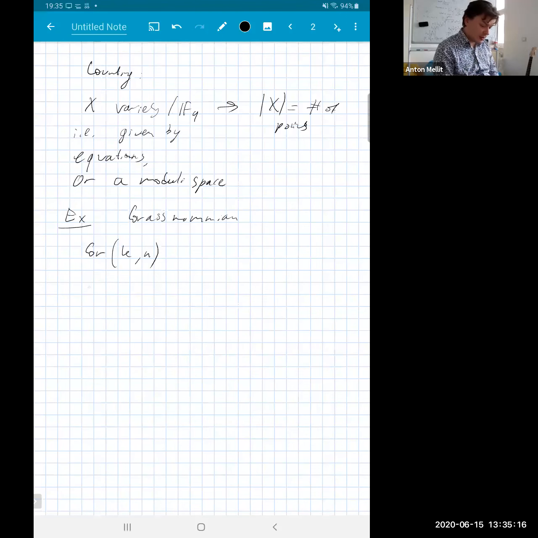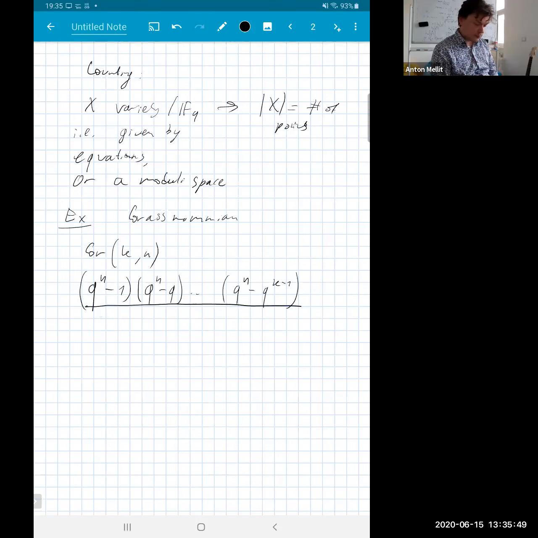For the first vector of the basis, you can choose any non-zero vector. Then you can choose any vector except vectors parallel to the first one, and then so on. But then every subspace is counted many times, as many times as there are bases in the subspace. So you get this.